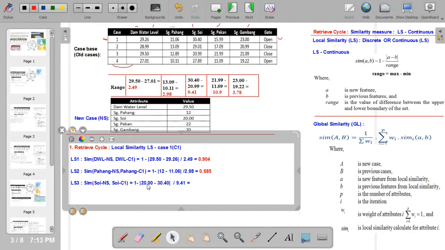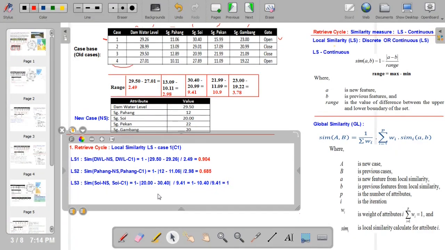So here 20 minus 13.14, it will be 6.86, but since we do have an absolute value here, we will have that divided by 9.41.